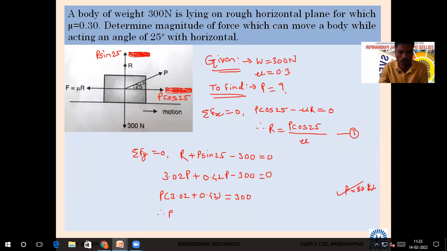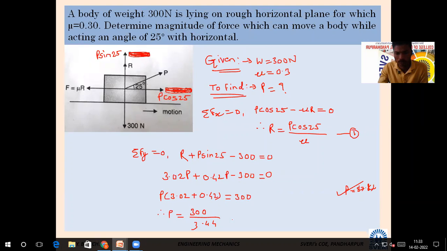That is P is equal to 300 divided by this. Just take 0.42 and this 3.02, it is 3.44.